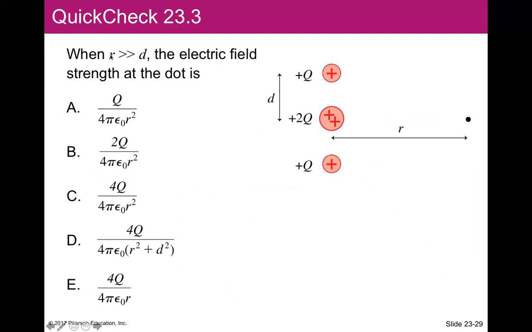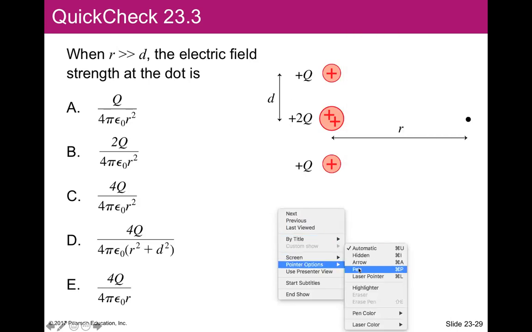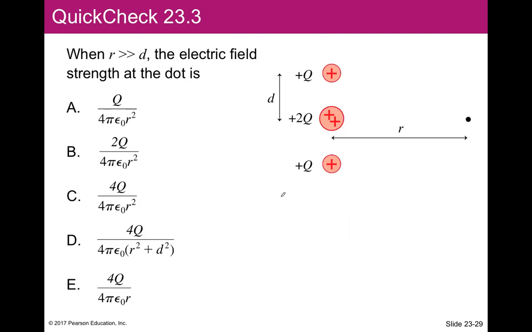When R is much, much greater than B, then what's the strength? When R is very far away from those three charges, you can consider it to be a single charge if the distance is very, very far away.